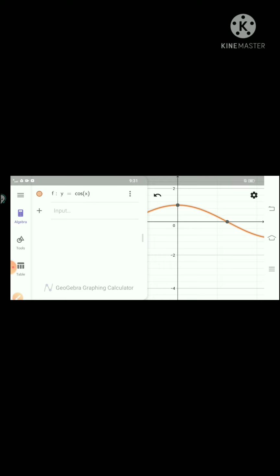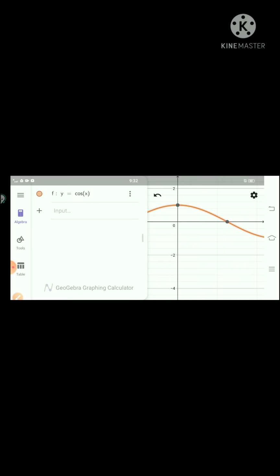So another thing that we're gonna identify is the period. The period is one complete cycle of our graph. To identify the period, we're gonna make use of the formula 2 pi over b. So b is the value multiplying our variable.